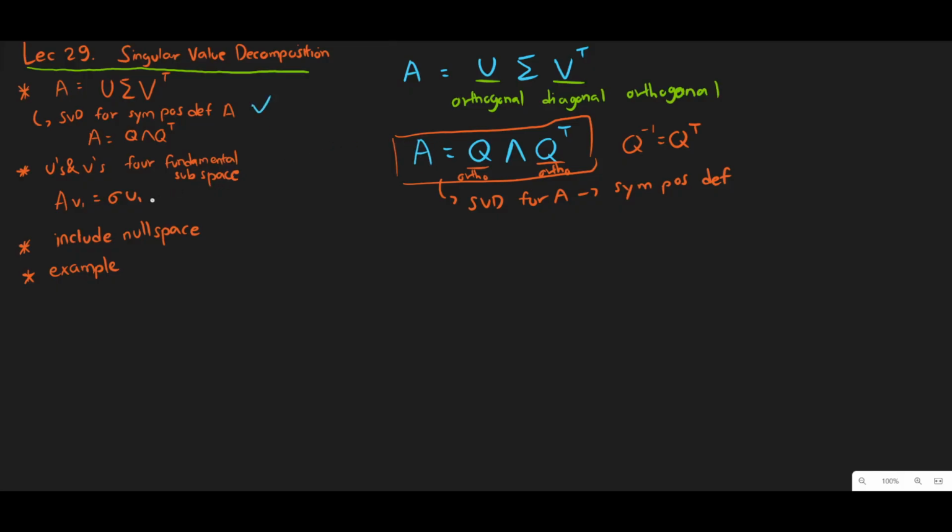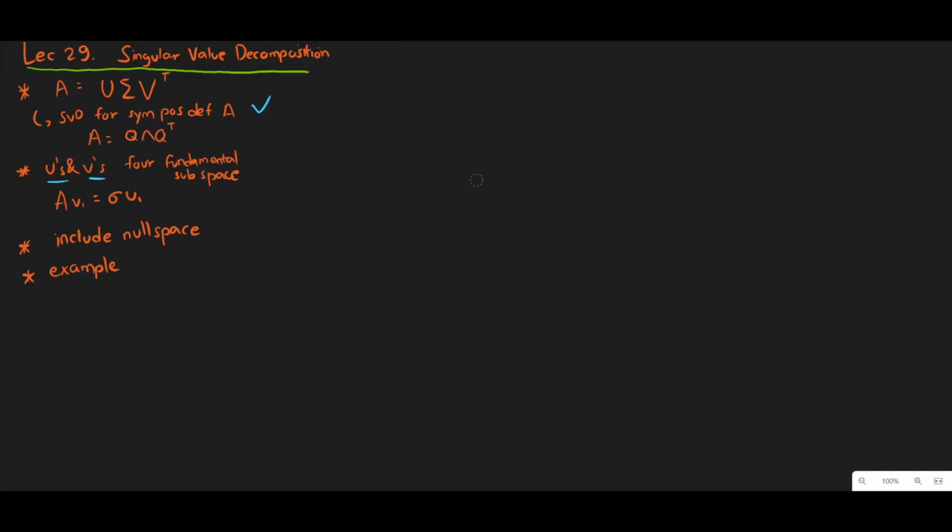Now let's switch our focus to describing what is inside the U and V matrices, which will be the orthogonal vectors of U and V. Let me delete some of these first. So let's define our matrix A, which is of size m by n.